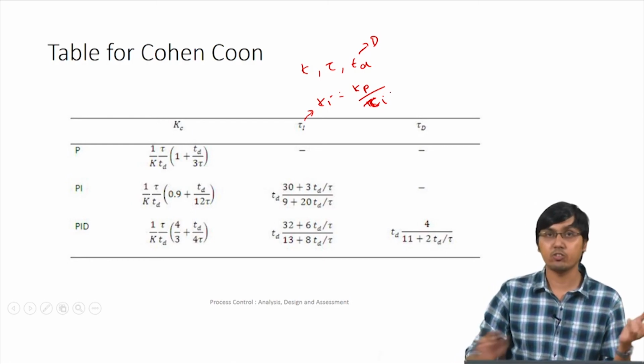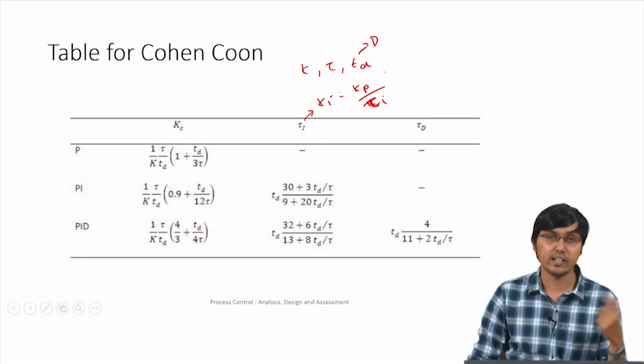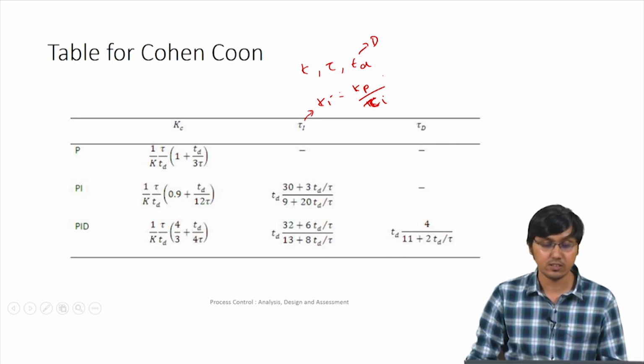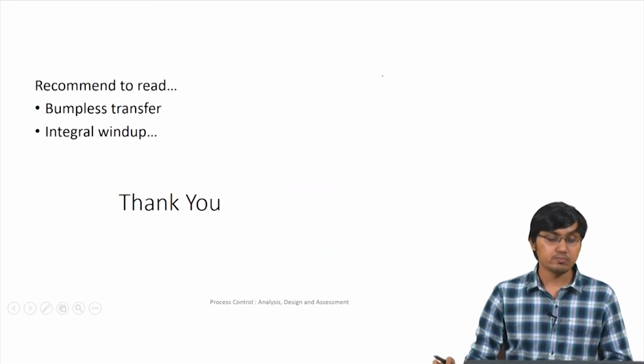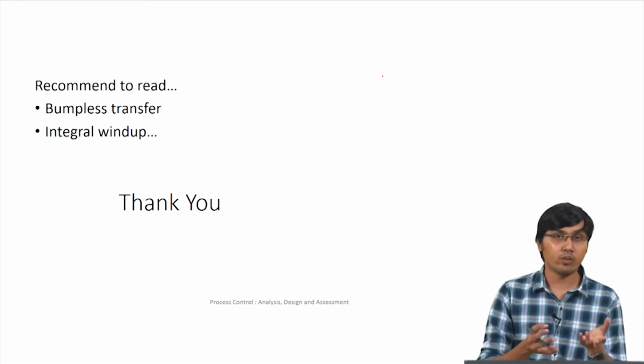We have already seen how to convert from time constant to the integral and derivative gains when we did Ziegler-Nichols. So you can try this Cohen-Coon method and see how it performs.